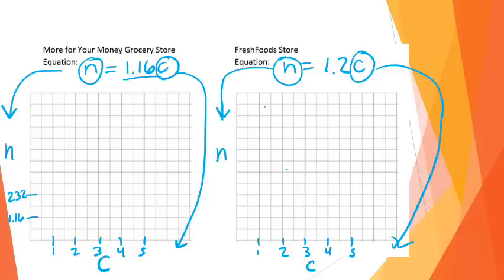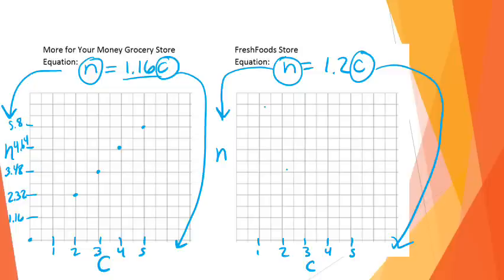So again, this means I get 2.32 boxes for $2. Then I get 3.48 boxes for $3. Then I get 4.64 boxes for $4. And finally, 5.8 boxes for $5.